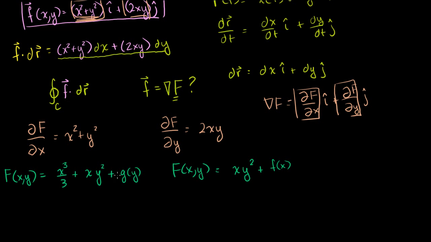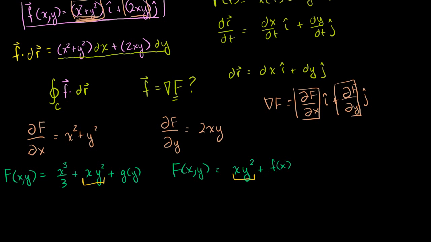Now, this information says F of x, y is going to have to look something like this. And this information tells us F of x, y is going to have to look something like that. Let's see if there is an F of x, y that looks like both of them. On this one we have x y squared, and we have an x y squared there. So good, that looks good.